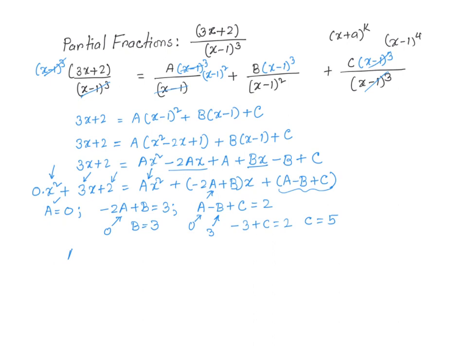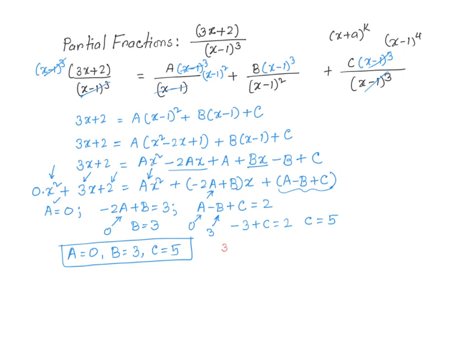So I found A is equal to 0, B is equal to 3, and C is equal to 5. That is technically your solution. Now if I were to rewrite it, let's use a different color here. Let's use red.